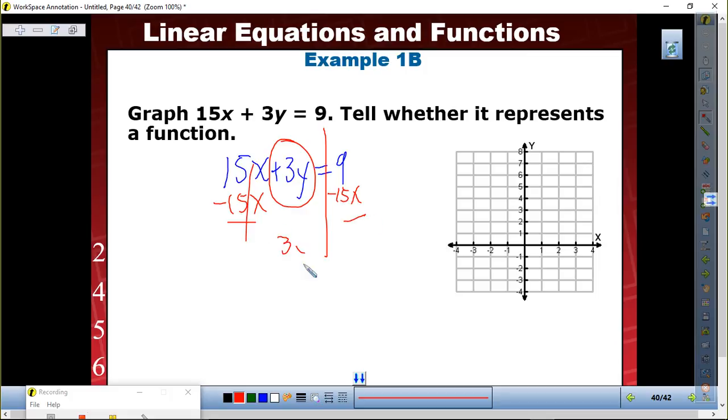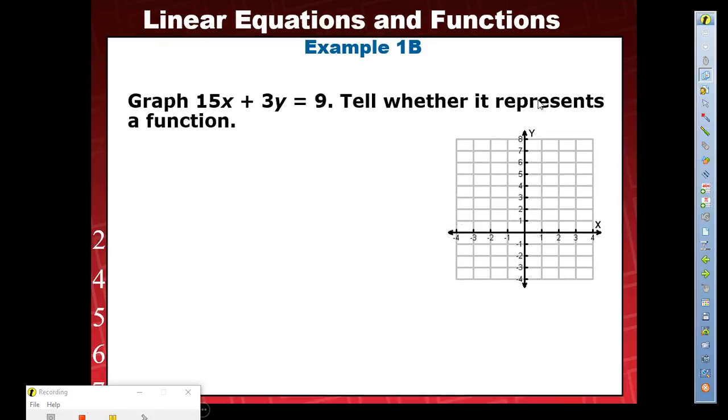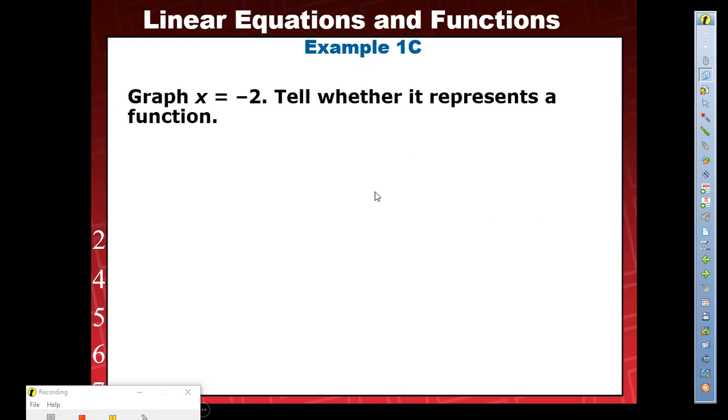This becomes 3y equals -15x plus 9, divide by 3, y equals -5x plus 3, and then again you do your table, plot your points, and so on and so forth. You guys remember that? Yeah.